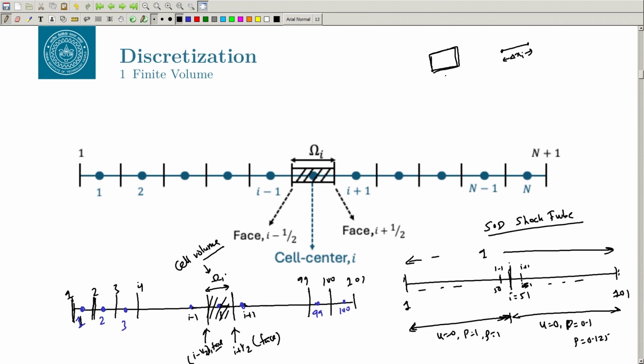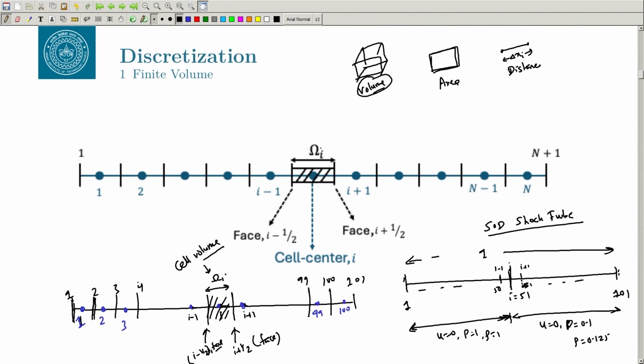I am using the terminology which is basically used for 3D, because it is easy to imagine when you go to 3D. So, in 2D it is the area, in 1D it is distance, and in 3D it is the volume, cell volume. Because we call it cell, we will use this terminology volume everywhere.